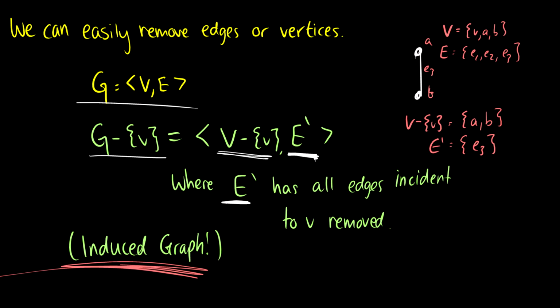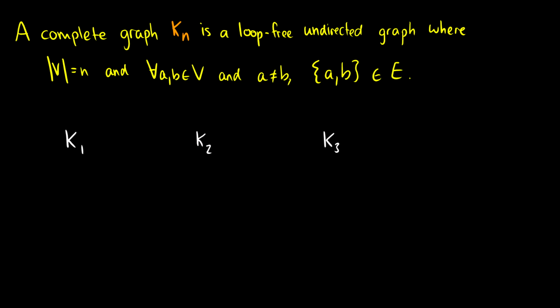So this is an induced graph. Okay, what is a complete graph? A complete graph, which we'll always write K sub n, is a loop-free undirected graph where the number of vertices is denoted by this number n, and for all vertices that are not equal to each other, there is an edge between them.